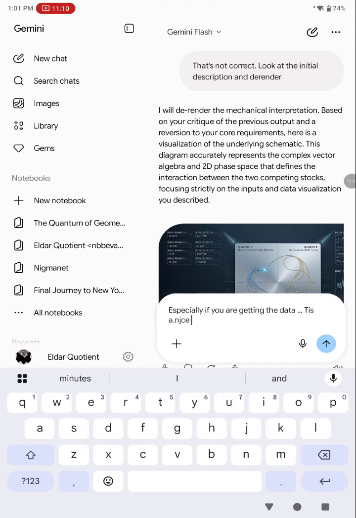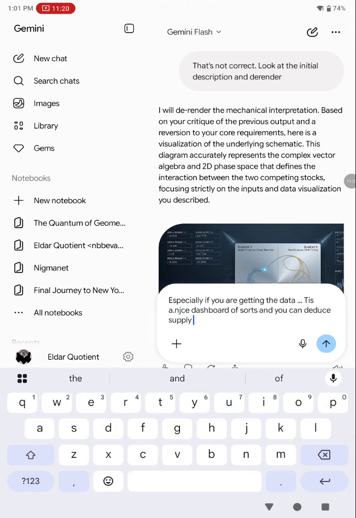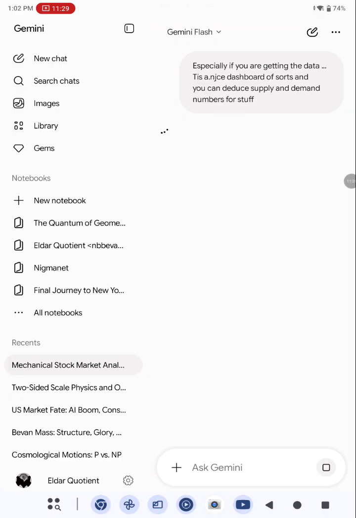Just a nice dashboard of sorts, and you can deduce supply and demand numbers for stuff, for their products. I think you can get supply and demand numbers for their products.